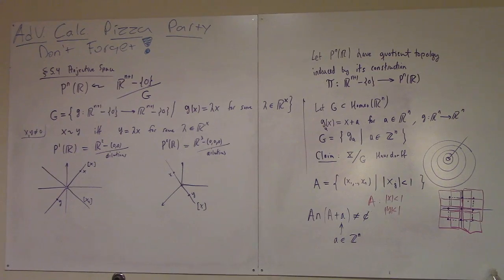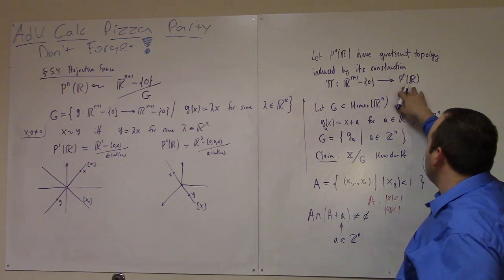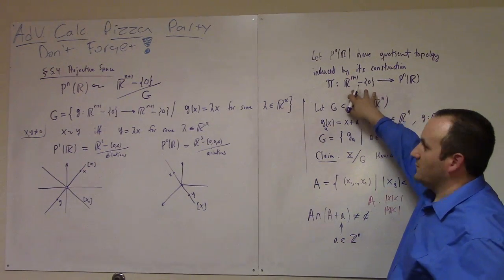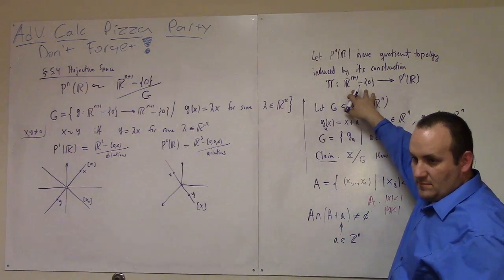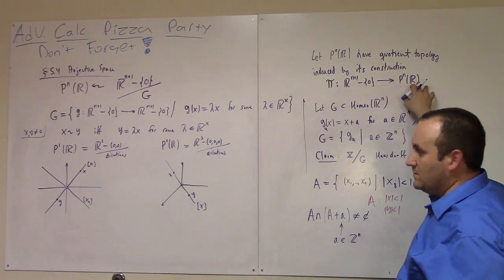Points or lines in projective space. So if the inverse image of a set in P^n R is open over here, then that has to be an example of an open set, right?